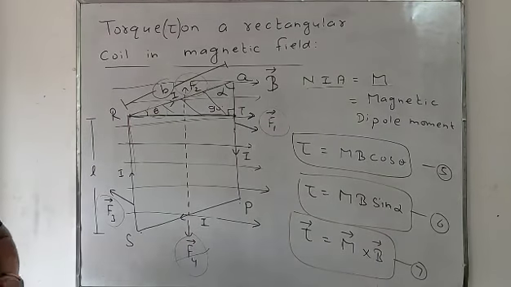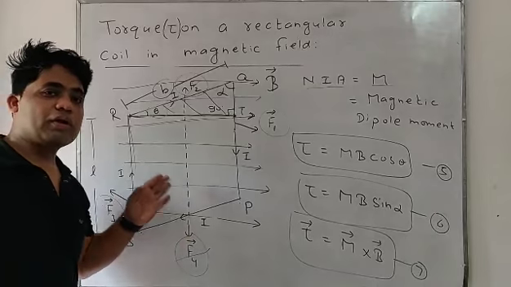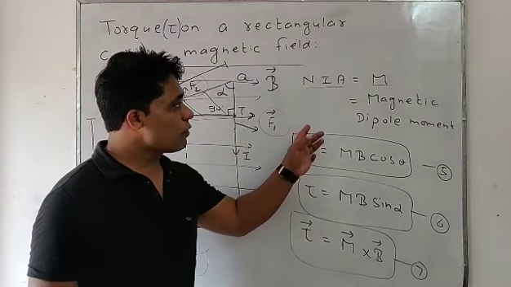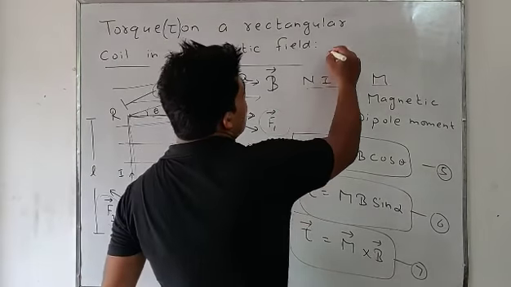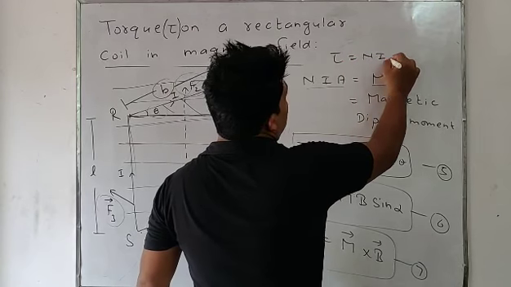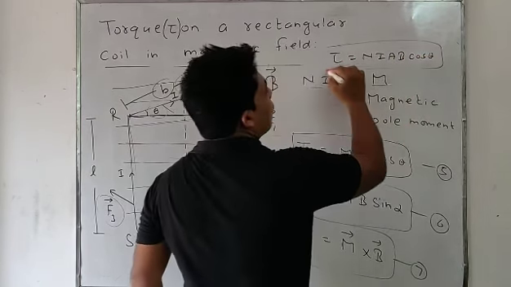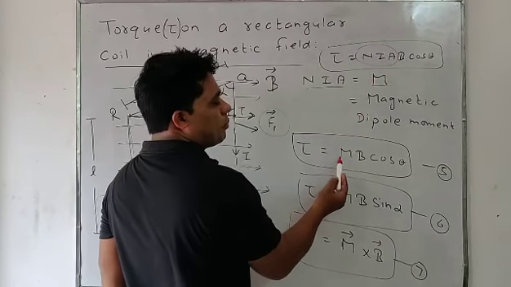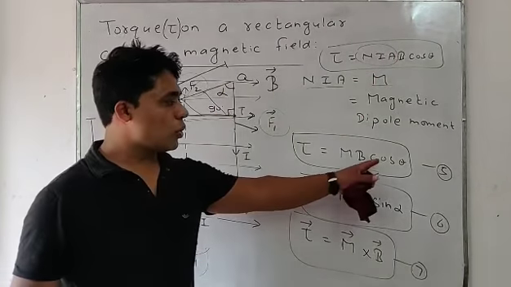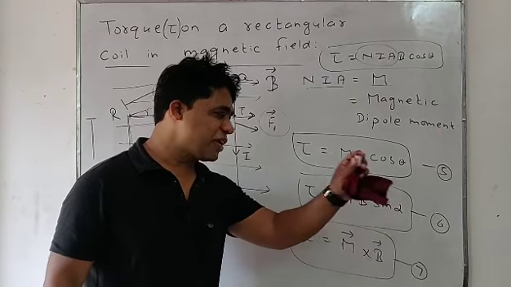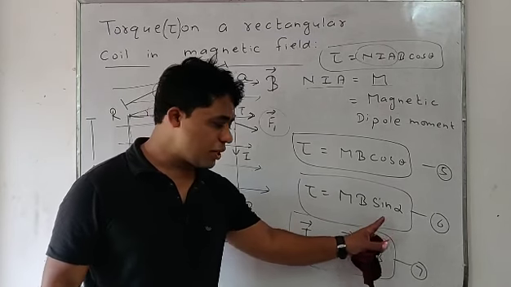So how much torque will work on the coil when having current in place in a magnetic field? Torque equals, the way first was NIAB cos theta, then NIA replaced by M, MB cos theta, replaced by sin, MB sin alpha. When we remove sin, there comes cross.